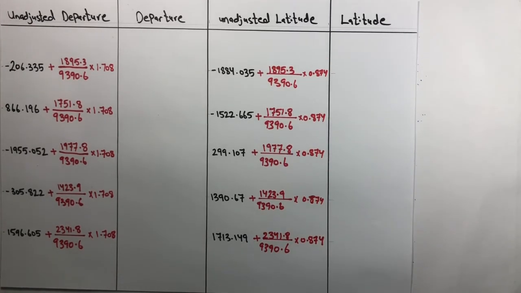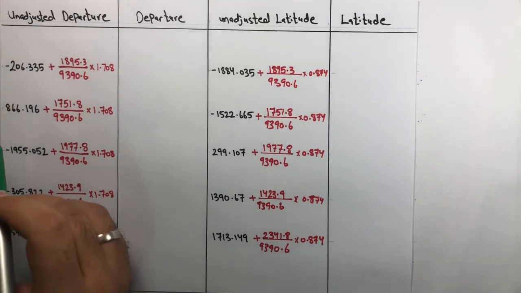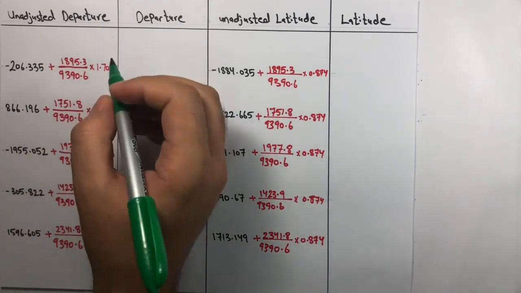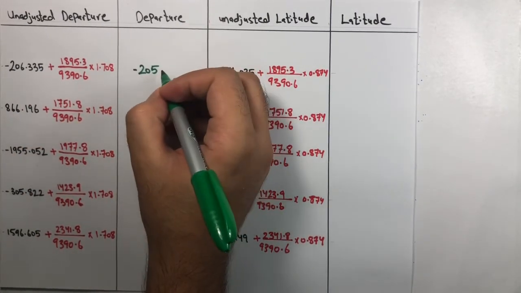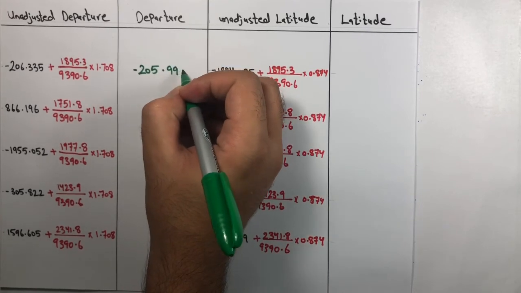Okay, now we are done with our correction. We'll just do the calculations. So now let me note the corrected departures. For the first one, we'll be getting negative 205.990.